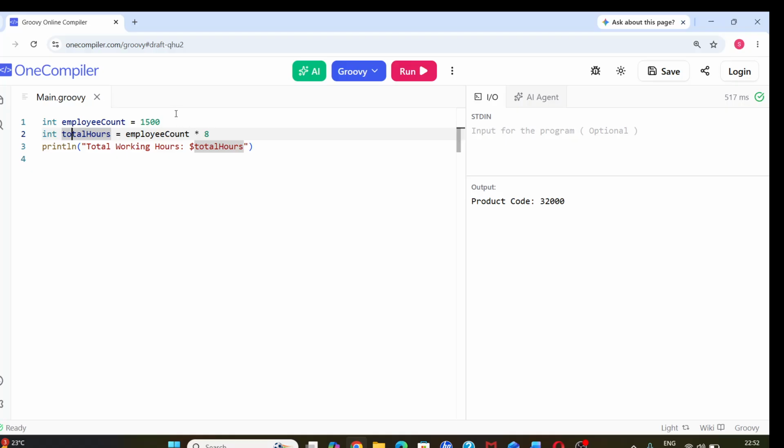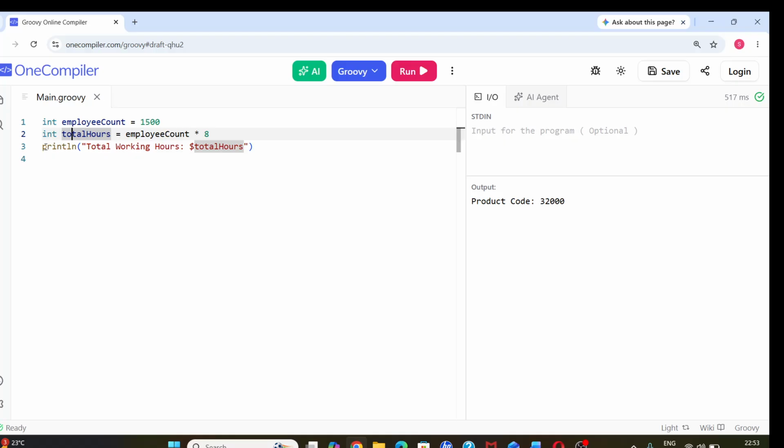Since employeeCount is 1500, the calculation becomes 1500 multiplied by 8, that's equal to 12,000. So the variable totalHours now stores the value 12,000.